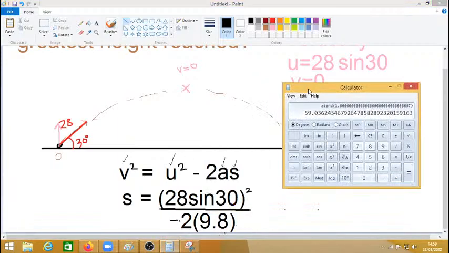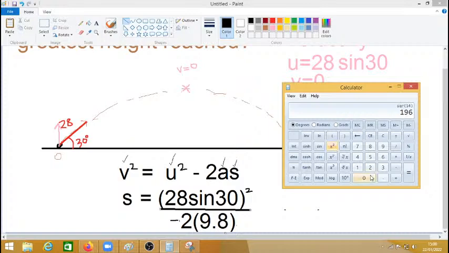So let's start with sine 30. So let's try that again. Clear the screen. So 30, I'm going to sine that, times that by 28. On your calculator, it'll be much easier to use. You can just type it in exactly as you see it, but here I have to be a bit careful. So I've got 14 for my 28 sine 30.